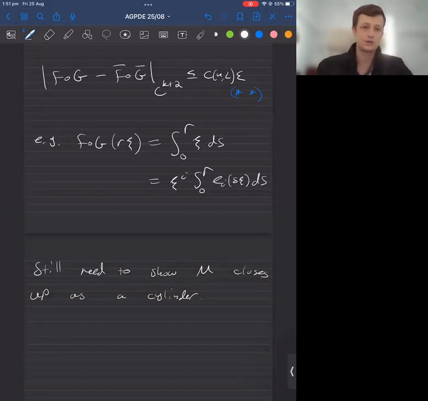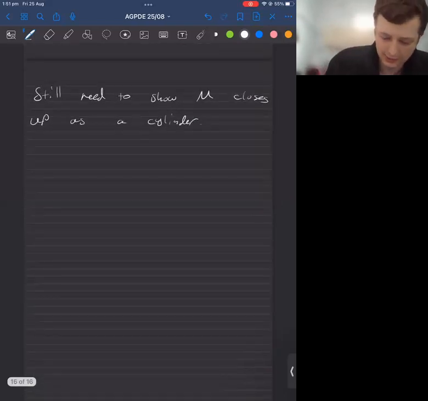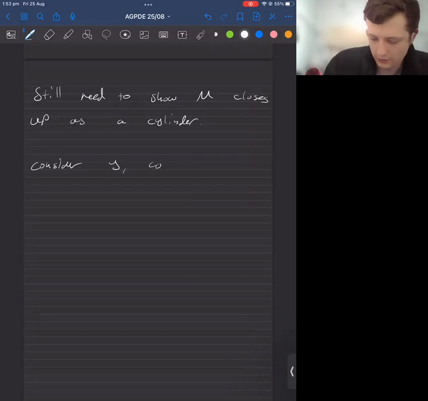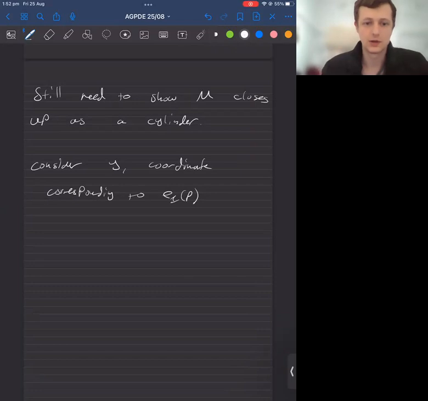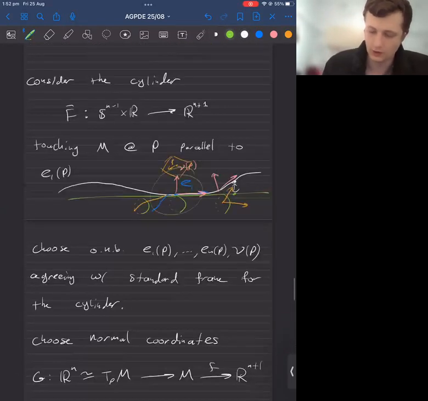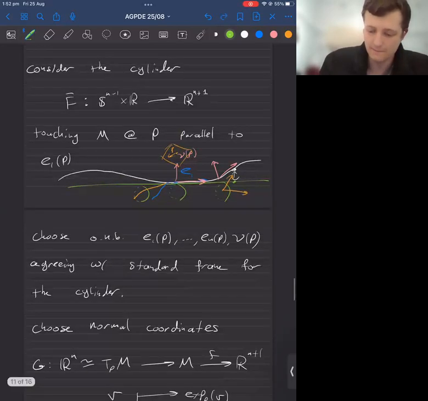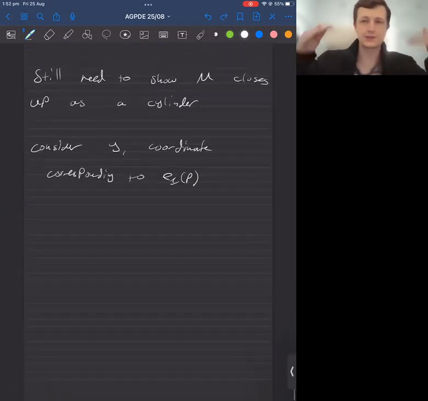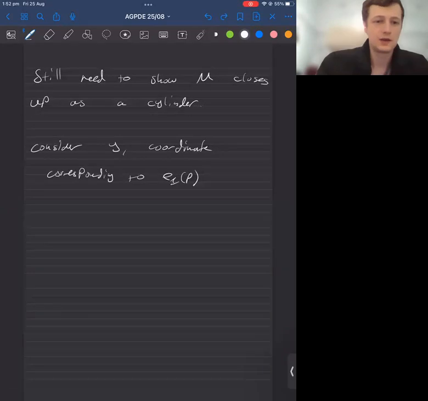We'll still need to show that. Okay, so you consider for this the y1 coordinate corresponding to the vector e1 of p, where the e1 of p is just from before. So it's the one pointing along both the cylinder and M. And we're just considering that coordinate, okay? And we want to consider the level sets of it.